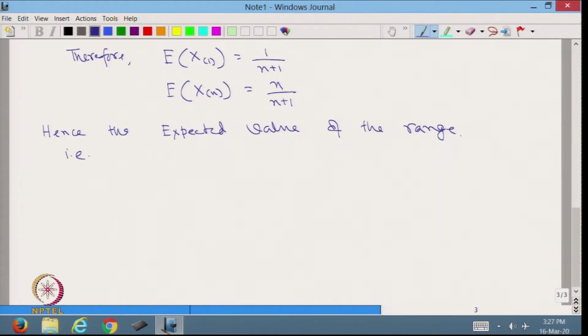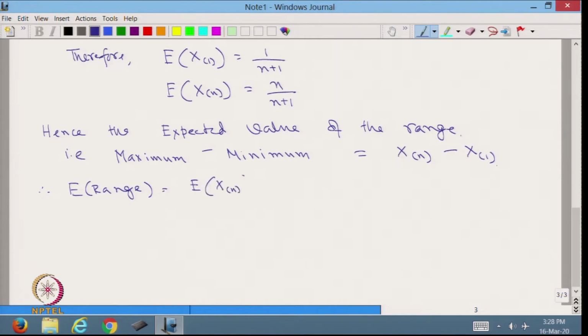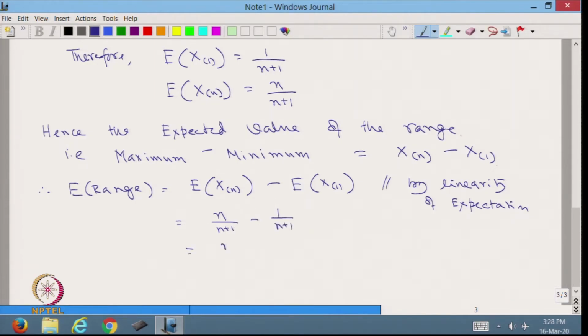Range is equal to maximum minus minimum, which is Xn minus X1. Therefore, the expected value of the range is the expected value of Xn minus the expected value of X1, by linearity of expectation, which is n/(n+1) minus 1/(n+1), equal to (n-1)/(n+1).